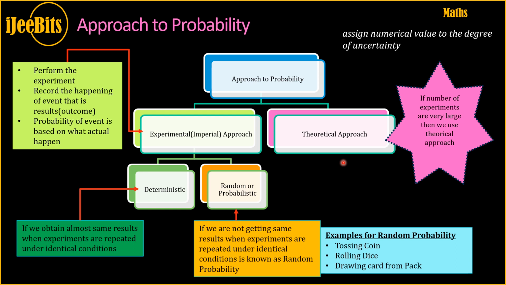In that case, we use a theoretical approach, based on past experience in that particular problem domain, to predict what is going to happen as a probability. That is why, in a nutshell, all these approaches help you understand how to assign a numerical value to a degree of uncertainty. That was the concept of probability at a high level.